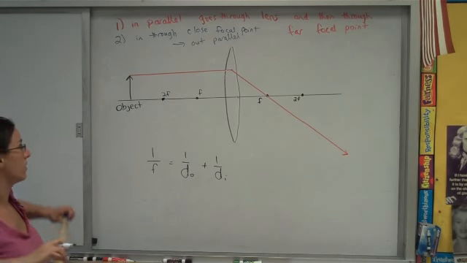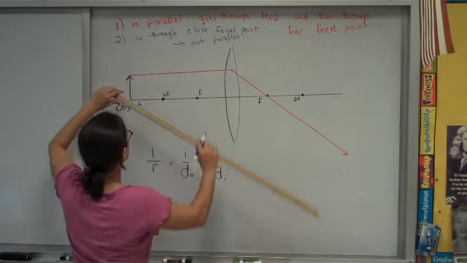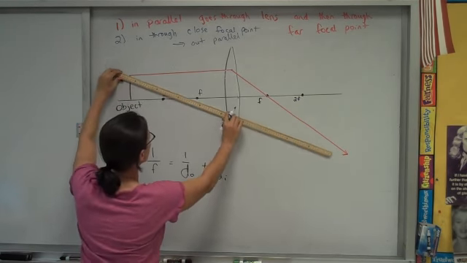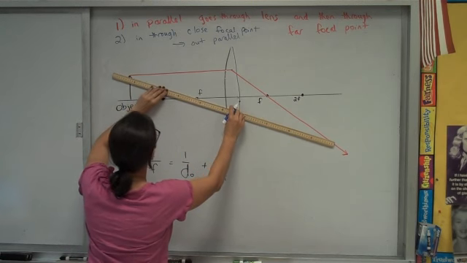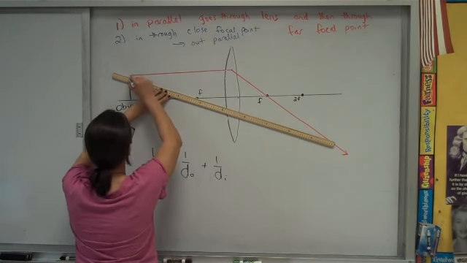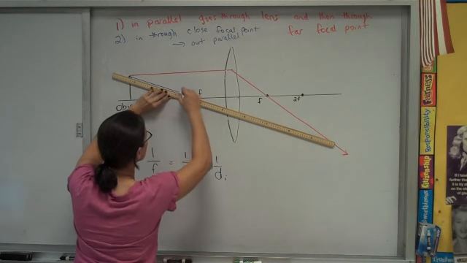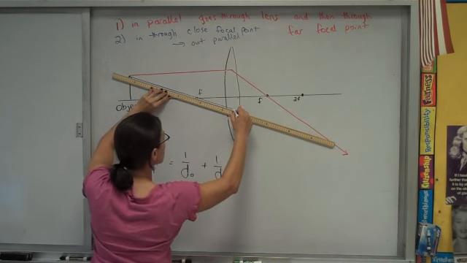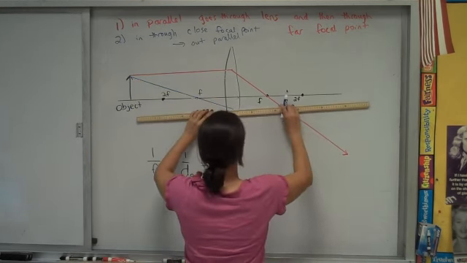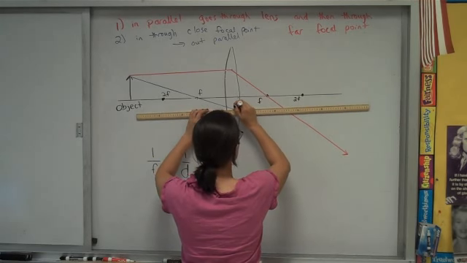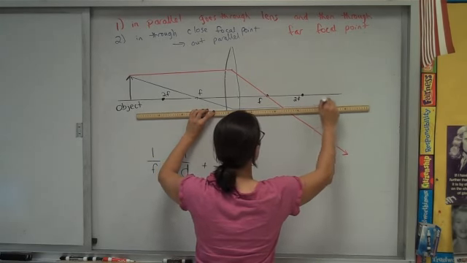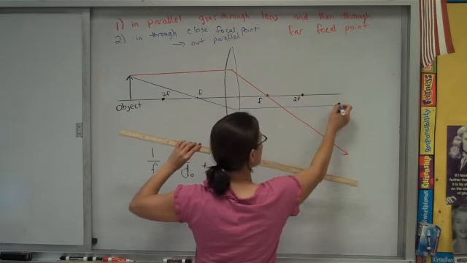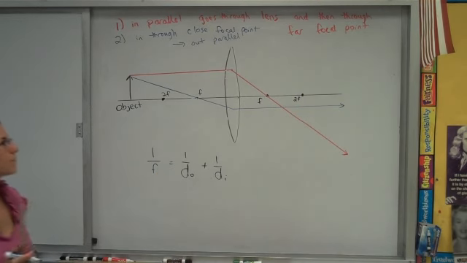So let's do that one together. Start with the light from the top of this object that happens to go through that close F, and I'll draw that line. And right at the middle there, I'll pass the light through, keeping it parallel to the starting line and show where it ends up.